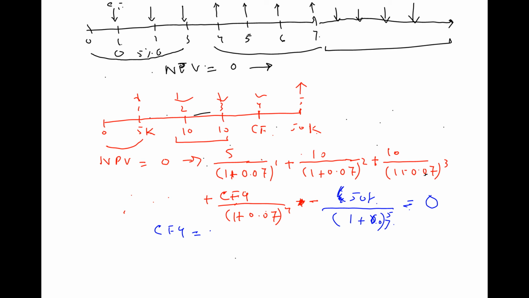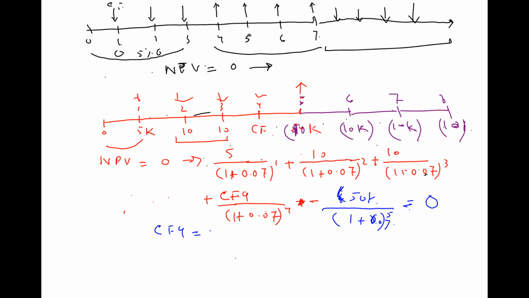Similar problems may be asked. Moving on. If this is not 50k, and I am saying that I would be needing 10k more, and 10k more, and 10k more for the next 3 years, from period 5 to period 8, I would be withdrawing 10k out of my account.